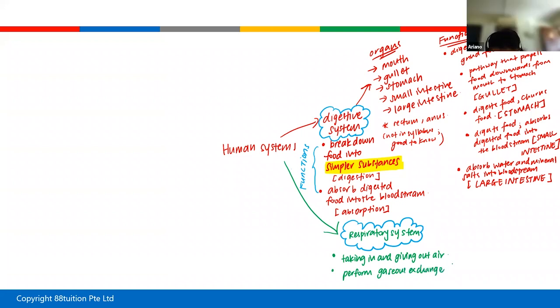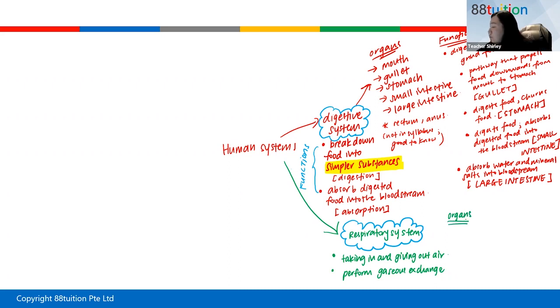If you notice, there will be gaseous exchange happening in your lungs. All right, Kason, you want to say something? No? Oh, I thought you raised your hand. Okay. So yes, it's for taking in and giving out air, but I think that is particularly referring to your nose. So same thing, what are the organs in your respiratory system?